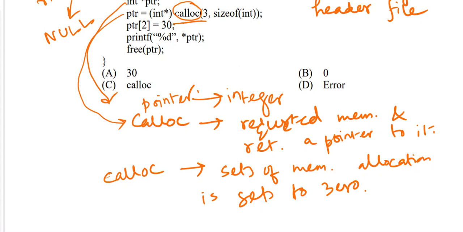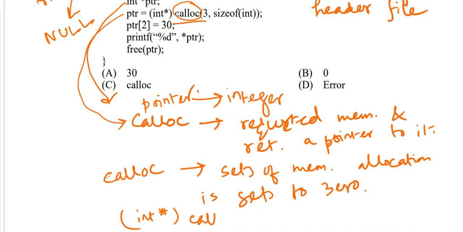What is the definition of the calloc function? It returns int * or void *, whichever data type you prefer.